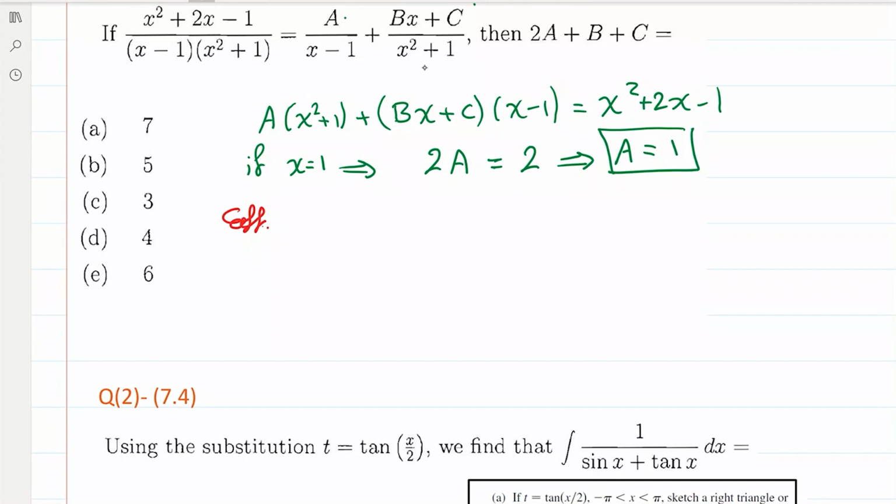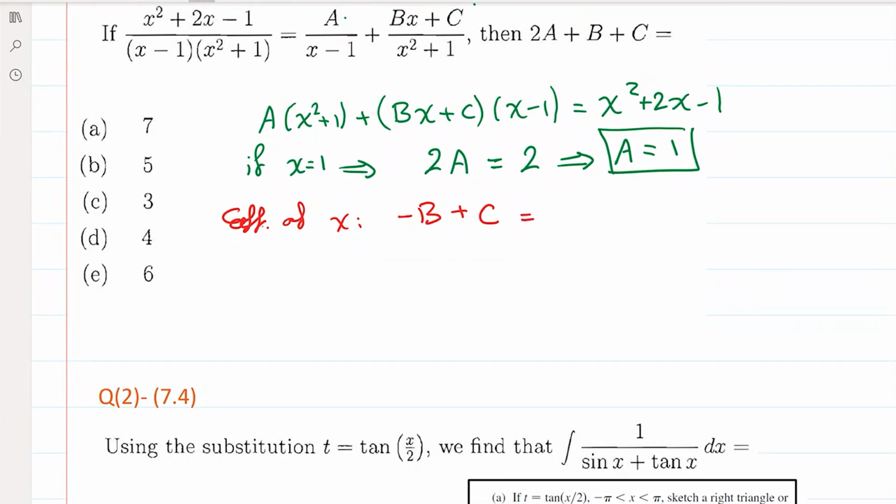Here I couldn't get x, right? But here I can find x by multiplying bx by minus 1. So the coefficient of x on the left will be minus b plus c, right? Because if I multiply this term by that one, you will get minus bx. And if you multiply c by this term, you will get cx. So the coefficient of x will be just minus b plus c.